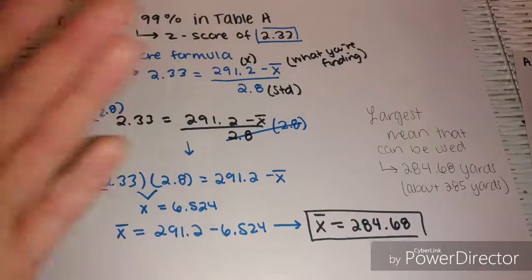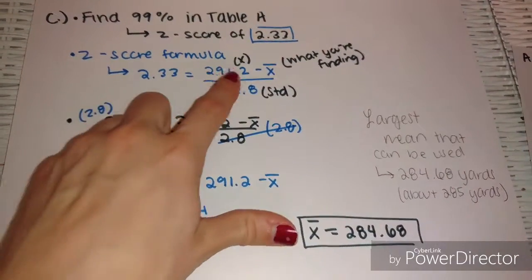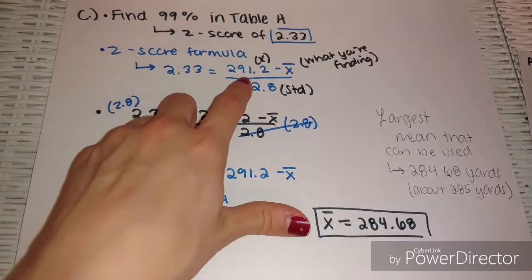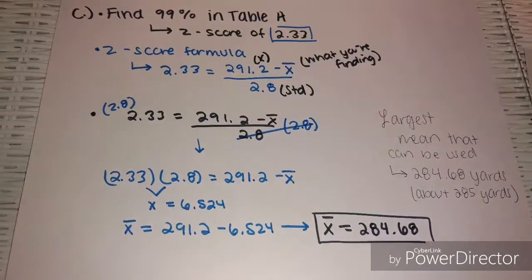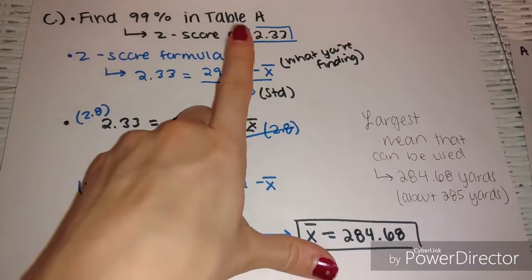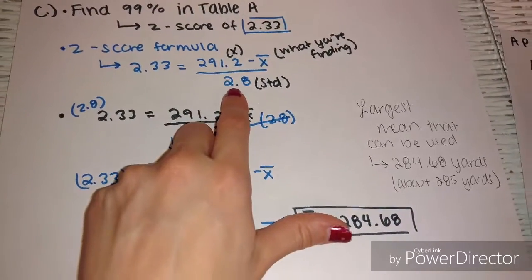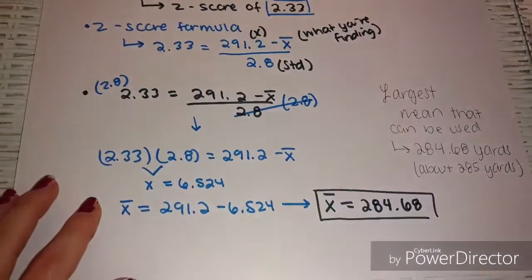Next, we plug this into our z-score formula. So 2.33 is equal to our 291.2 maximum amount of yards to be traveled, minus our mean, which is what we're trying to find, divided by our 2.8, or our standard deviation.